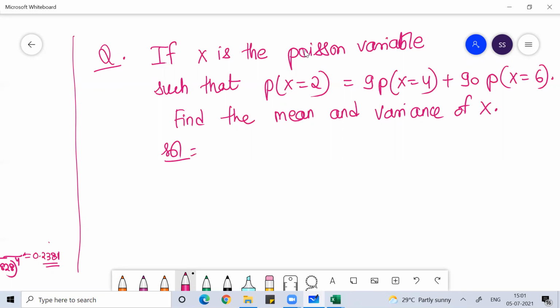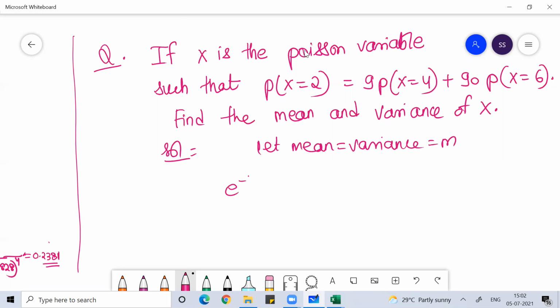Solve this. The mean and variance of a Poisson distribution are the same. Let the mean and the variance of the Poisson distribution be m.